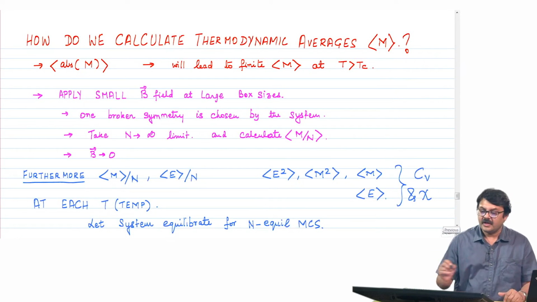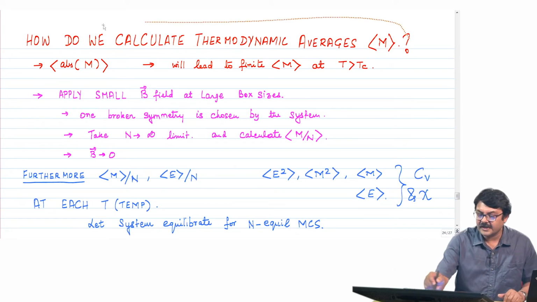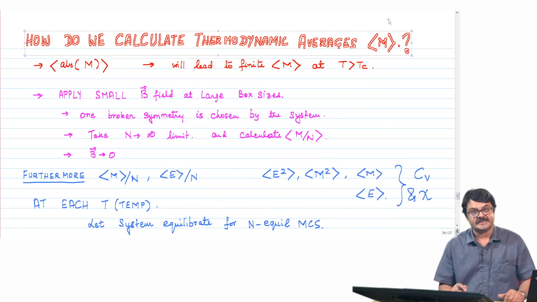The problem is, if you have a finite size of the lattice, how do we calculate thermodynamic averages, especially at temperatures lower than Tc?